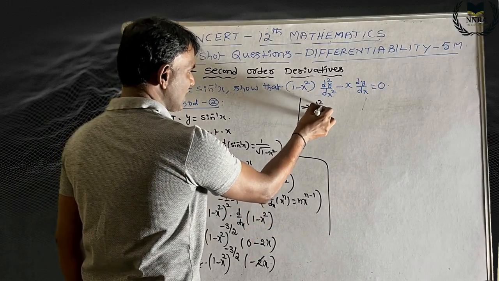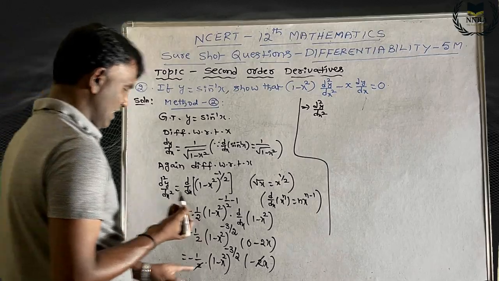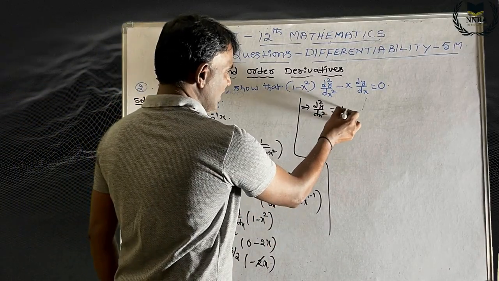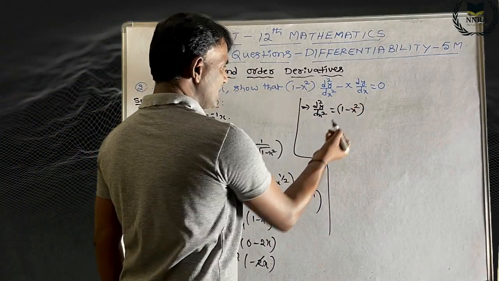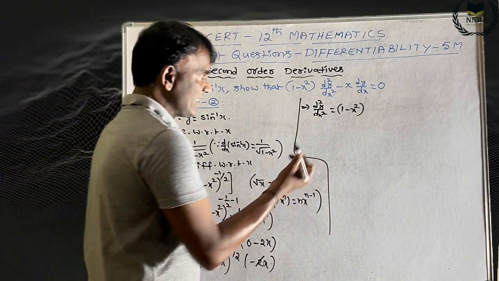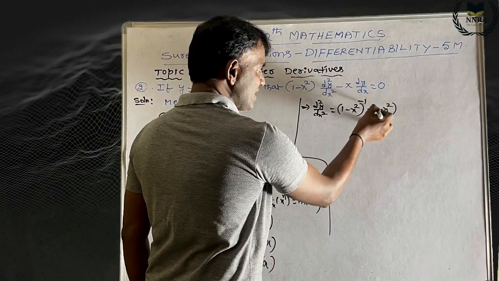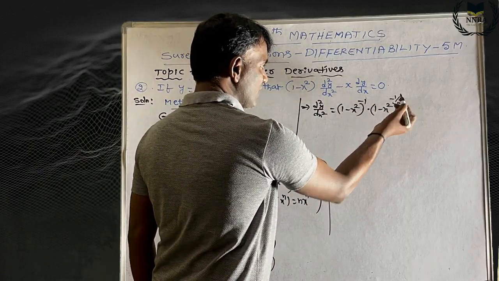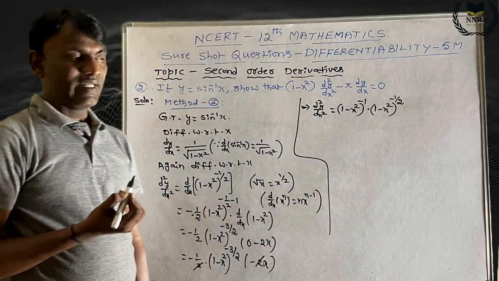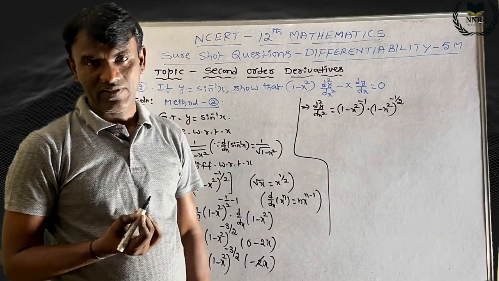So d square y by dx square, and here 1 minus x square, actually it is power minus 3 by 2. So that can be written as minus 1 and again 1 minus x square whole power minus 1 by 2. Right? Minus 1 by 2 minus 1 is minus 3 by 2.